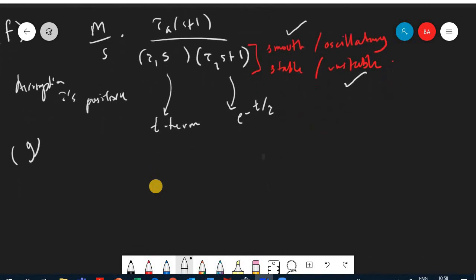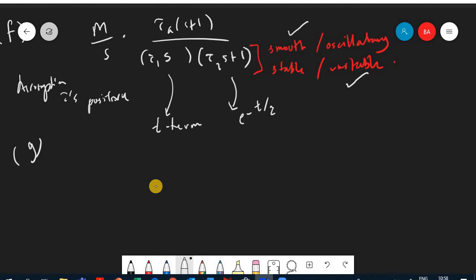So how did I know? If I put this together, this is m over tau 1 s squared into tau a s plus 1 over tau 1 s, sorry, I already multiplied this by the s, over tau 2 s plus 1.